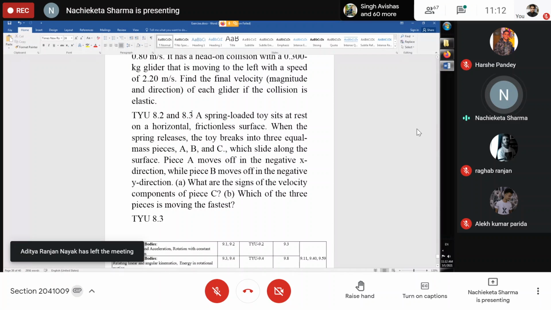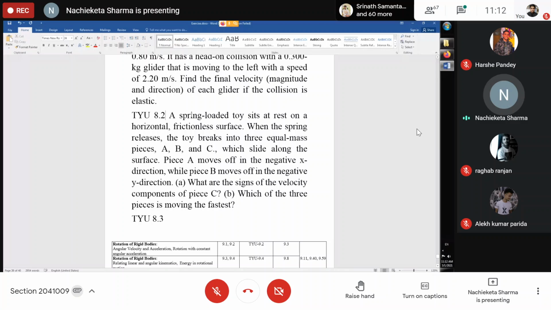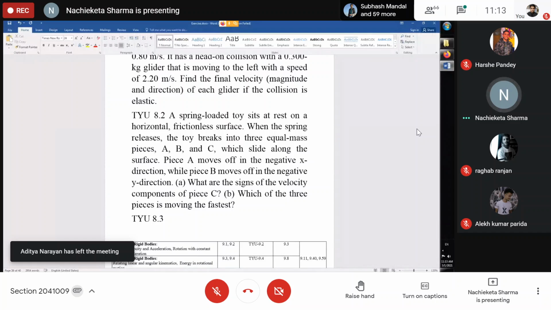Now you see, this is test your understanding 8.2. A spring-loaded toy sits at rest on a horizontal frictionless surface. When the spring releases, the toy breaks into three equal mass pieces A, B, and C, which slide along the surface. Piece A moves off in the negative x direction, while piece B moves off in the negative y direction.